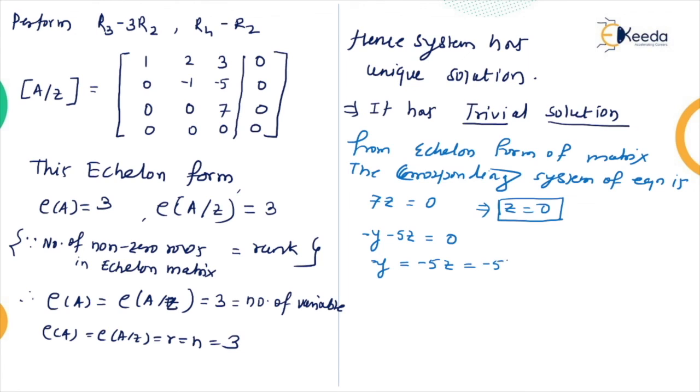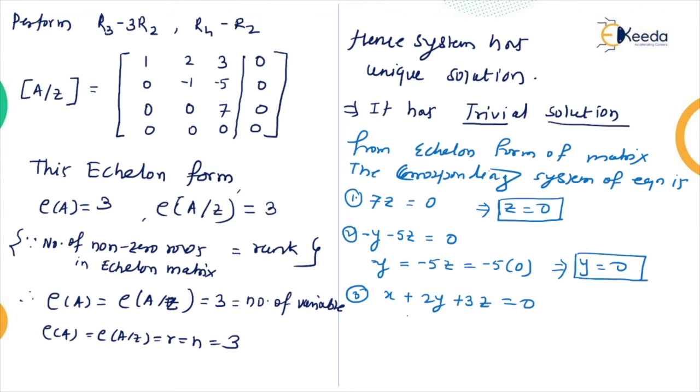So minus 5 into 0 gives y is equal to 0. Now the third equation, the first equation: x plus 2y plus 3z is equal to 0. From the echelon form of the matrix, substitute the values of y and z. So clearly you know that x is equal to 0.